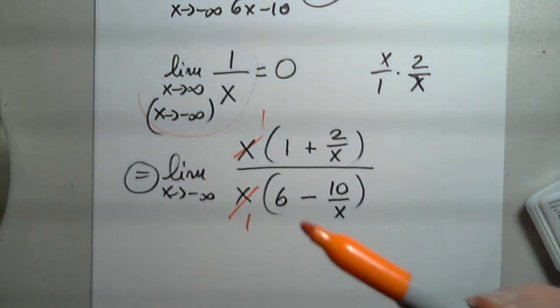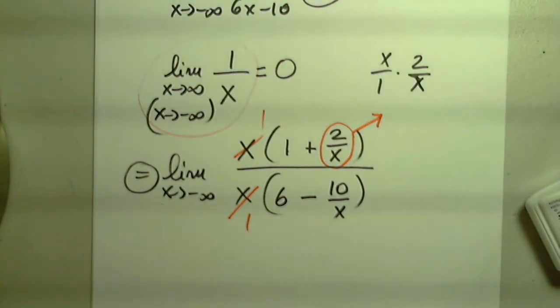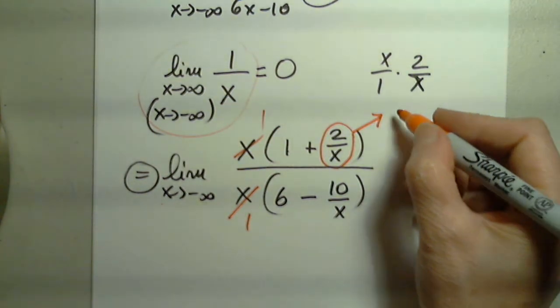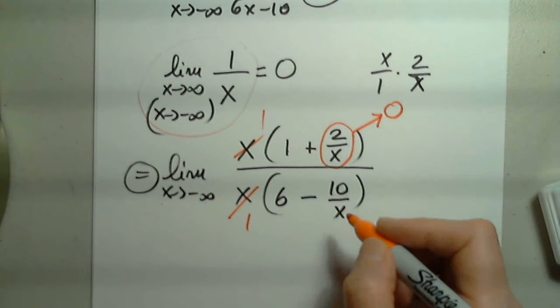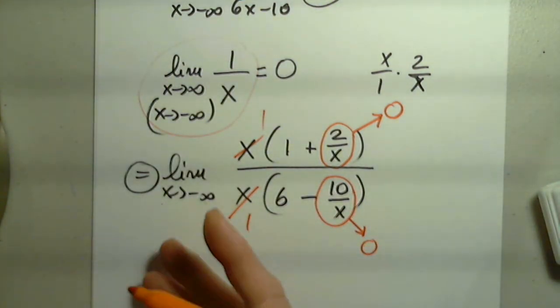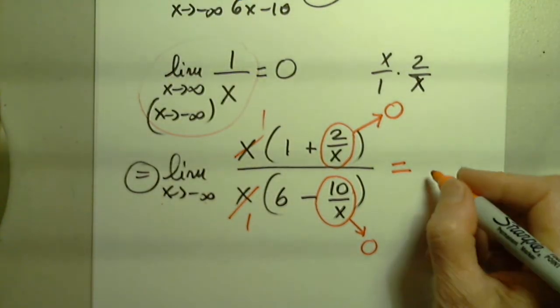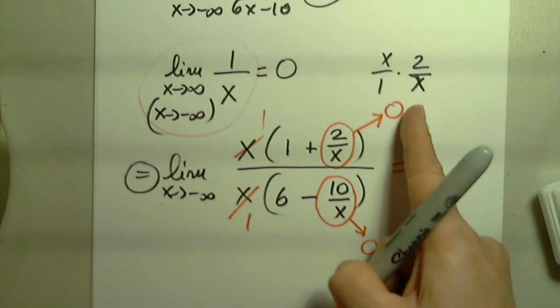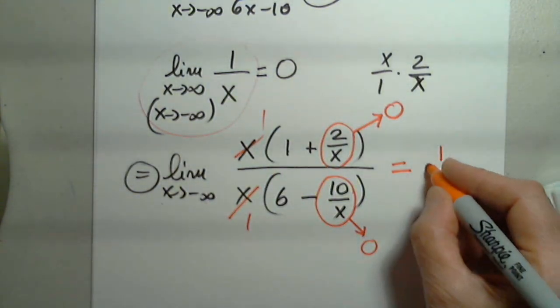As x approaches negative infinity, where will this go? Zero. Very good. Where will this go? Zero. Good. What is the limit? And now I drop the limit operator. Where does the numerator go? 0. 1/6. Very good.